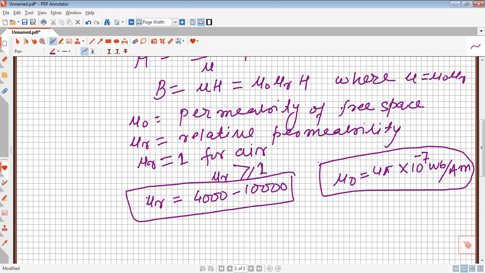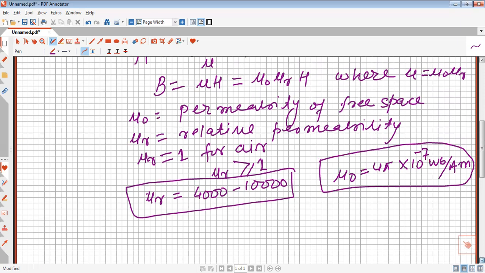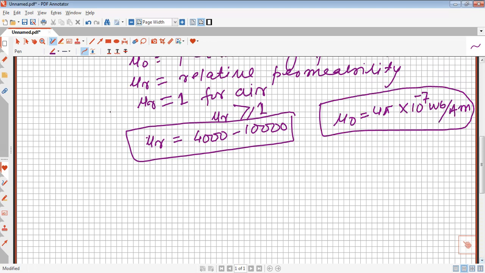For non-magnetic materials, mu r will be equal to 1, like air. Air is a non-magnetic material.